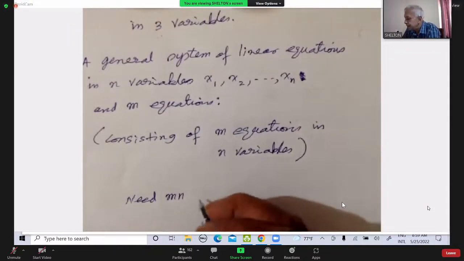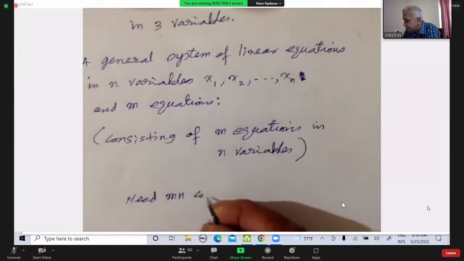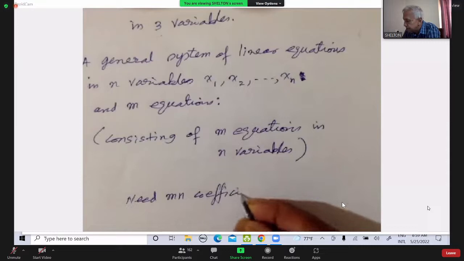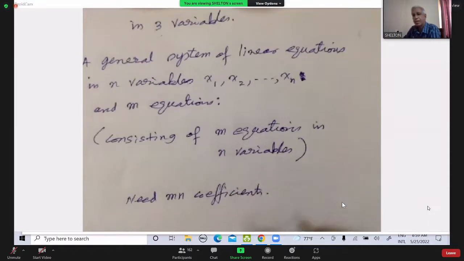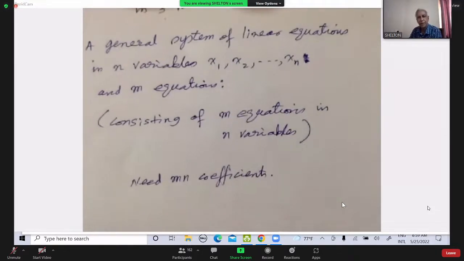I need mn constants, coefficients. These mn coefficients can be divided into first equation, second equation, third equation.